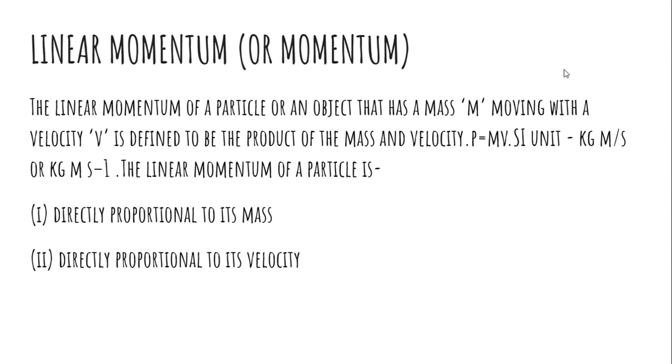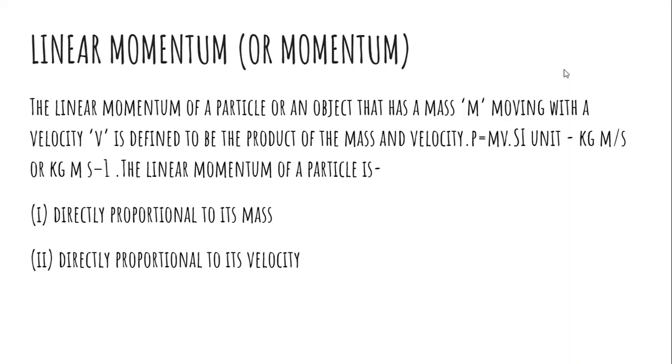And now we're going to learn about linear momentum, or just momentum. The linear momentum of a particle that has mass m moving with velocity v is defined to be the product of mass and velocity. Basically, linear momentum, which is known by the symbol p, is equal to mv.